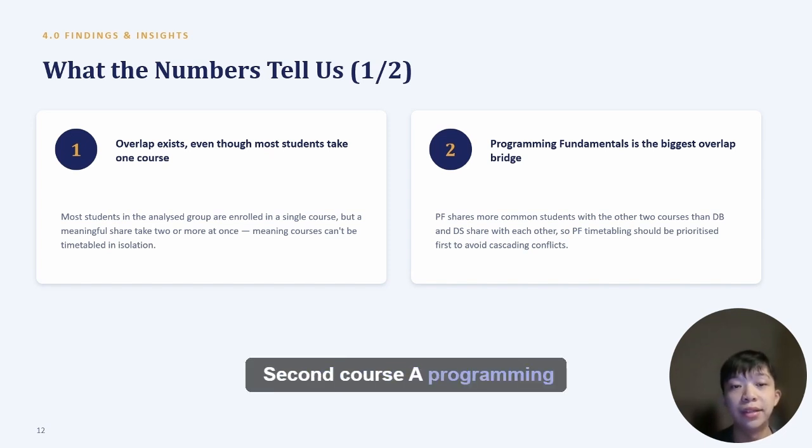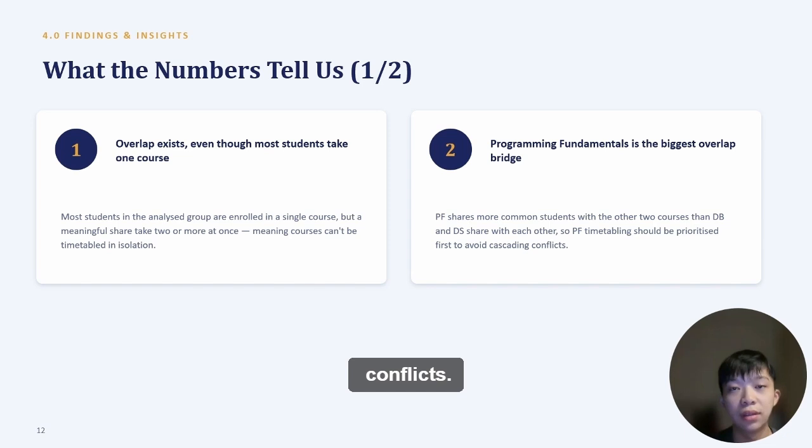Second, course A, Programming Fundamentals, is the biggest overlap, which shares more common students with the other 2 courses than they share with each other. This means PF timetabling should be prioritized first to avoid cascading conflicts.